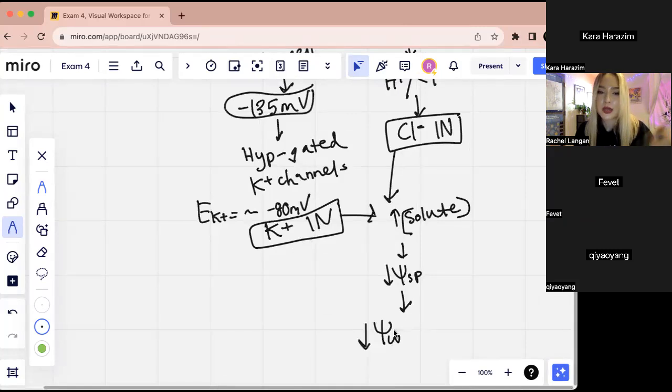And so water is going to want to rush into the cell in that direction. And that's one of the requirements of elongating a cell. You need water to rush in. And you can do that by lowering the solute potential. If that makes sense. Good? Maybe? Yeah, that was great. Thanks so much. Cool. All right, next question.